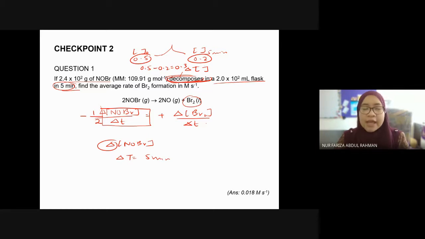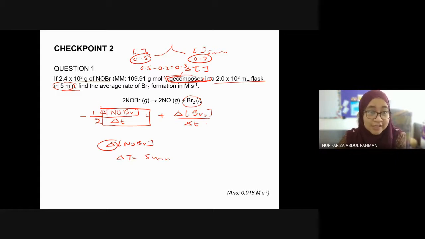Understand? That's why every time I say rate is equal to delta concentration, not concentration. So what we want is the delta concentration. So understand the question: decomposes means the amount that is gone already, the delta concentration.